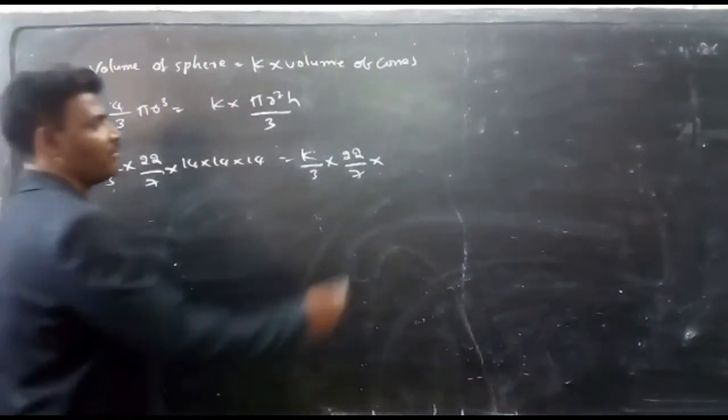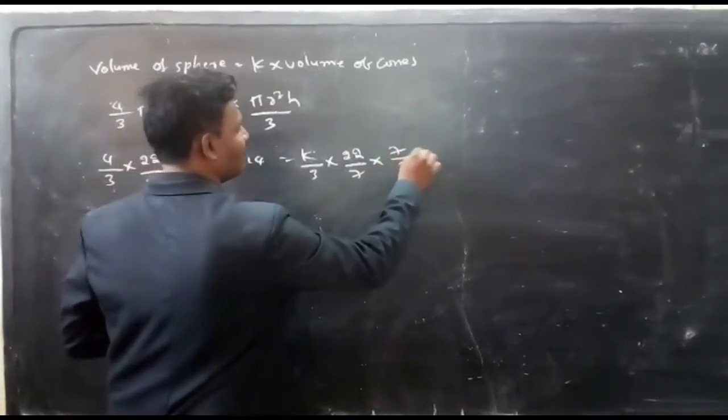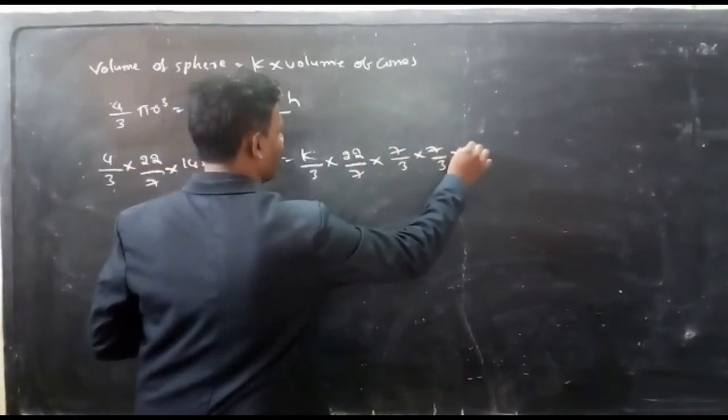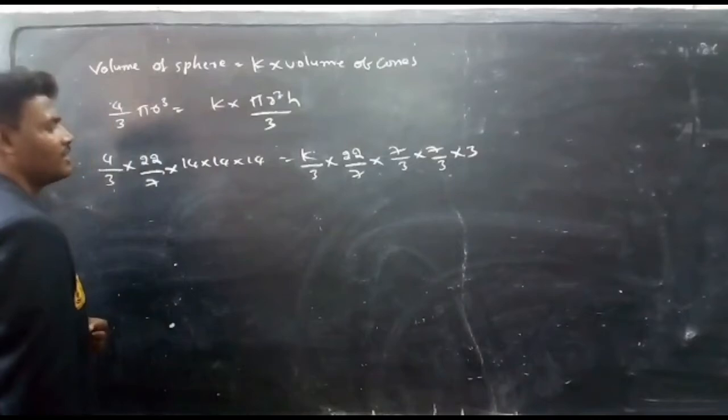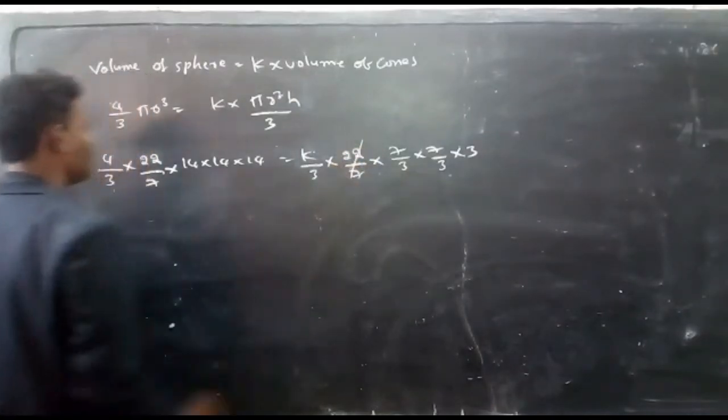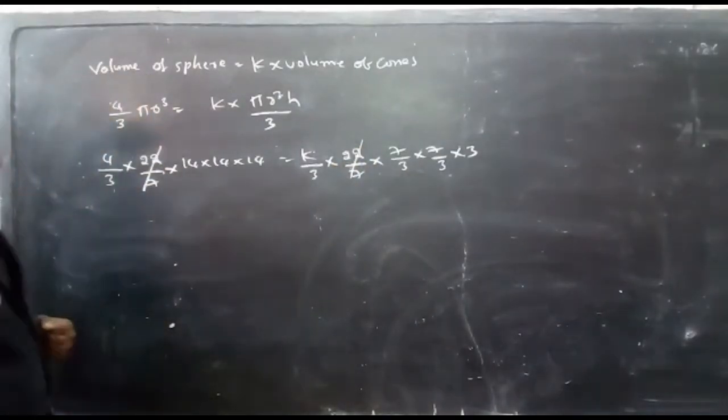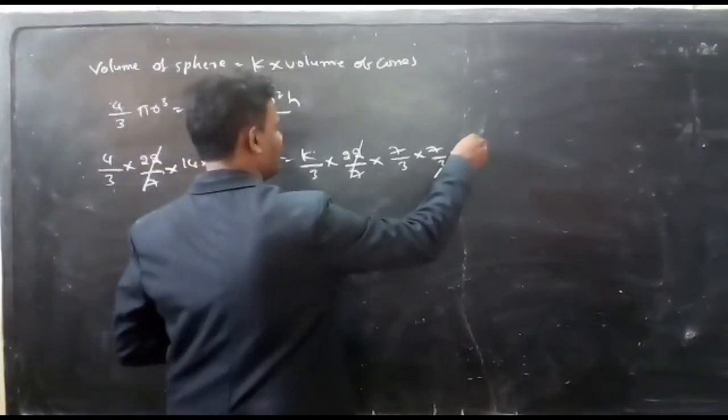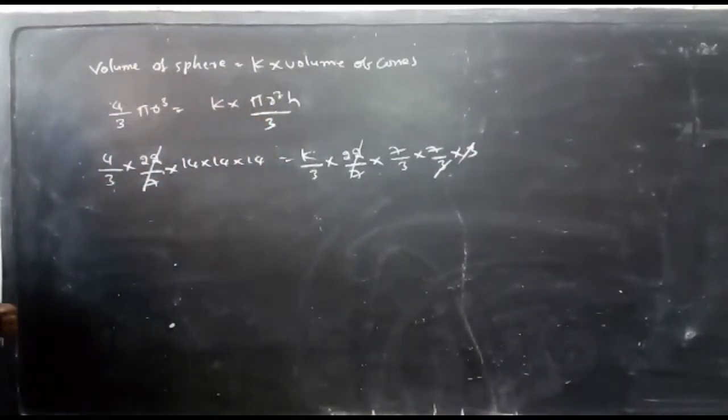How much is that? 7 by 3. So 7 by 3 into 7 by 3 into height of the cone, 3 centimeters. First of all, 22 by 7 cancel. Here 3 and 3 get cancelled. What is the remaining here?